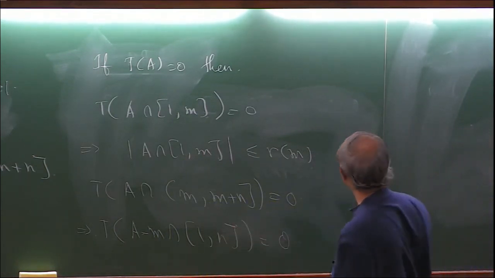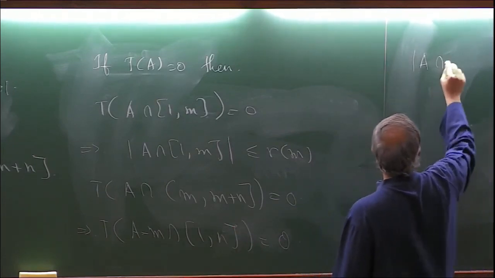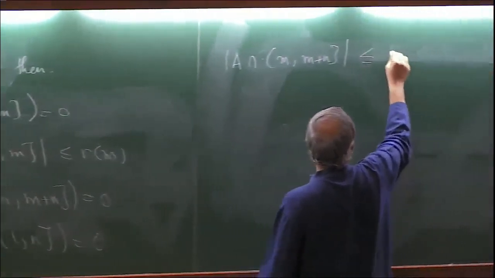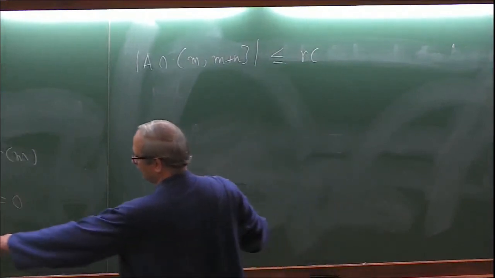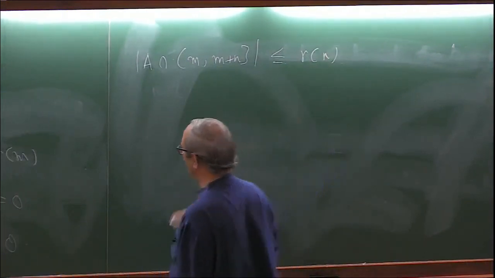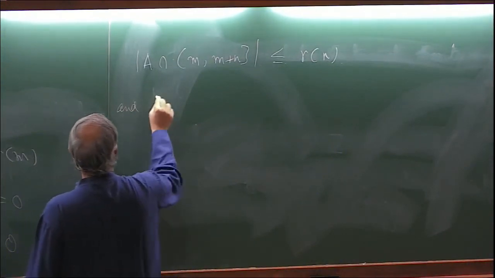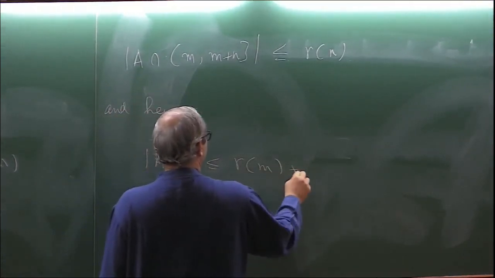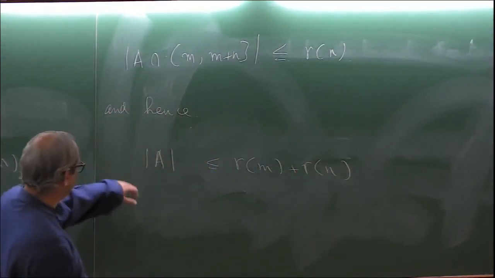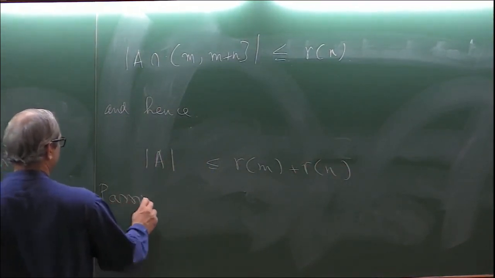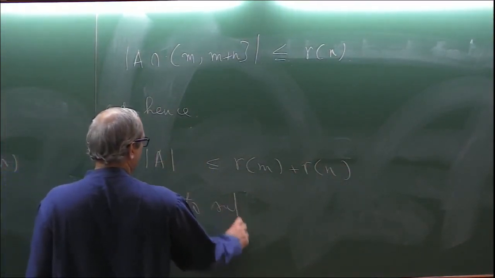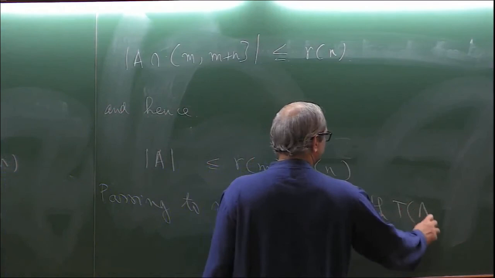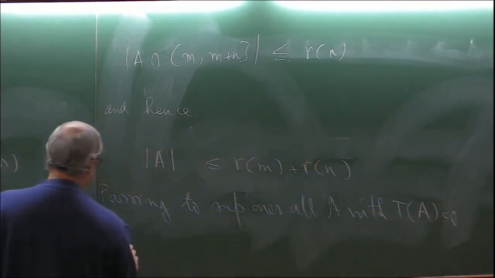So the cardinality of A intersection m to m plus n is at most r of n, and hence the cardinality of A is at most r of m plus r of n. Now passing to the supremum over all A with T of A equal to 0, we get r of m plus n.